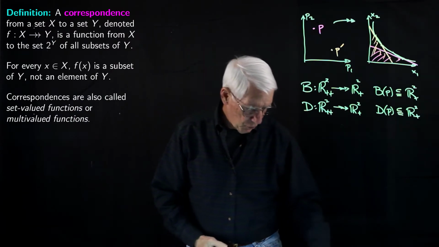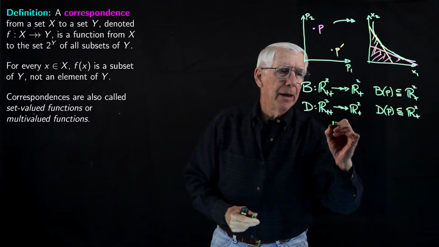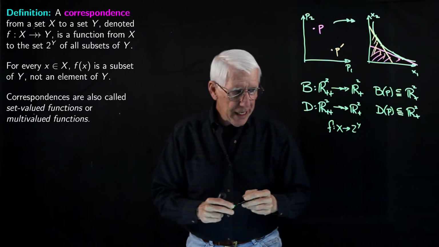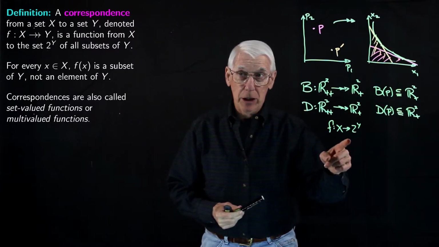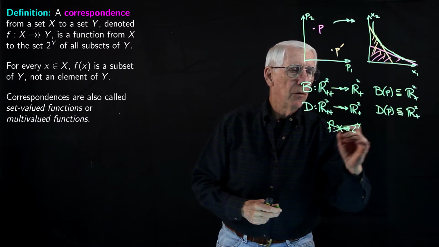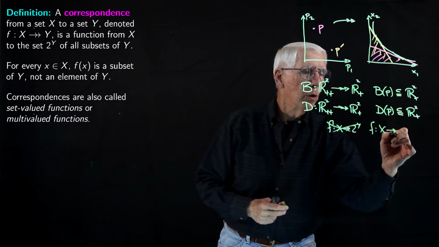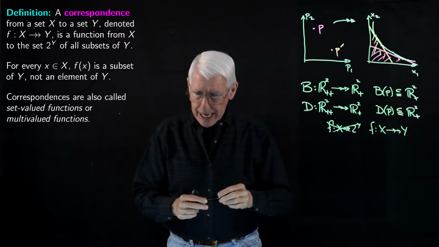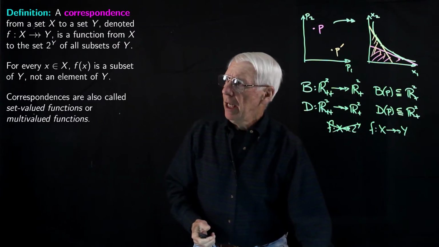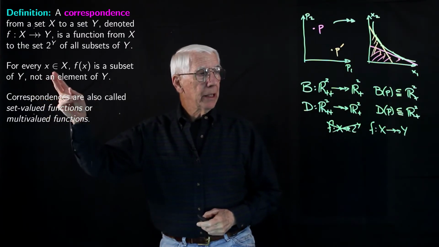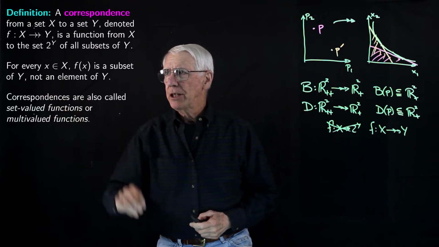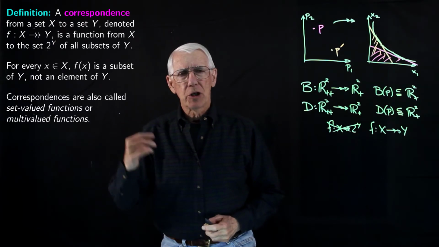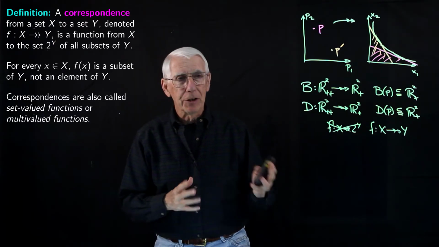So we could, of course, write it as f from capital X to 2 to the Y, but instead we write it this way to indicate that it's picking out a subset of Y. As it says here, for every element of the domain, every x, f of x is a subset of capital Y. And these correspondences are also called set-valued functions or multi-valued functions.